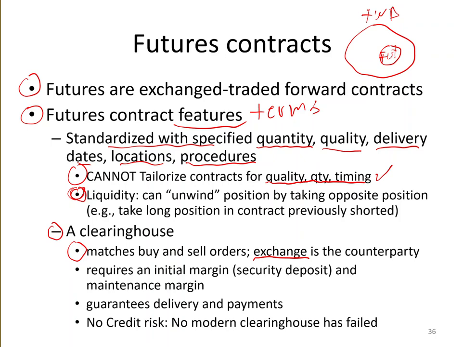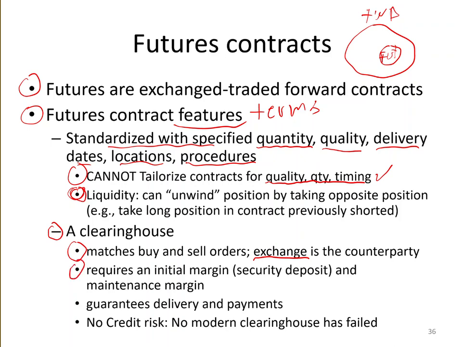But if both of them go to the Chicago Mercantile Exchange or the New York Mercantile Exchange, both counterparties have a contract with the clearinghouse or with the exchange. So they no longer are worried about, say, the farmer going bankrupt in the case of Starbucks.